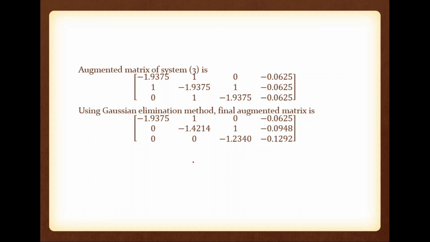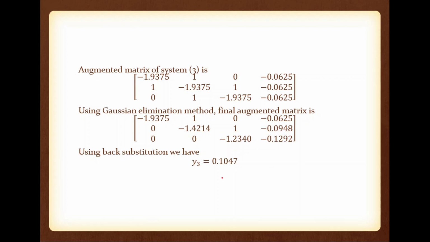Through back substitution, we have to find the values of y3, y2, y1. The last equation is 0 y1 plus 0 y2 minus 1.2340 y3 equal to minus 0.1292. So y3 is equal to minus 0.1292 divided by minus 1.2340, that is 0.1047.